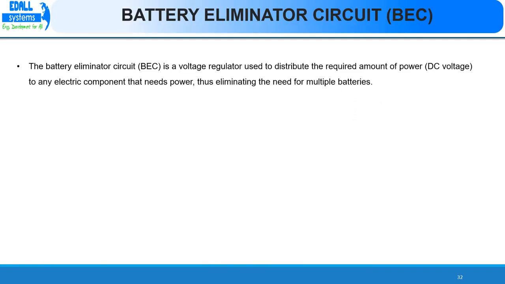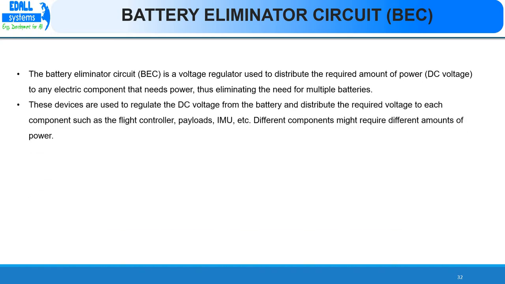The battery eliminator circuit is a voltage regulator used to distribute required amount of power to any electric component that needs power, thus eliminating the need of multiple batteries. Eliminator circuits are required to regulate DC voltage from the battery and distribute required voltage to each component such as flight controller, payloads, inertial measurement unit, IMU, etc., as different components may require different amount of power.